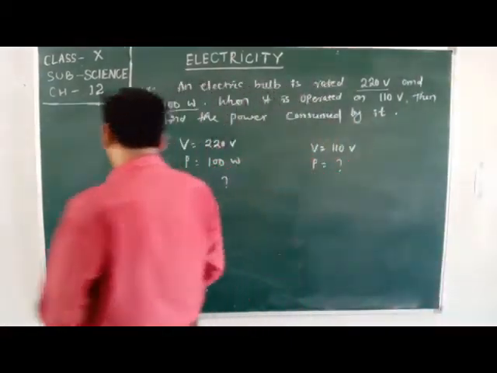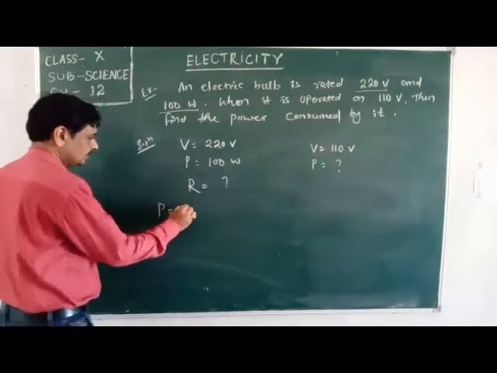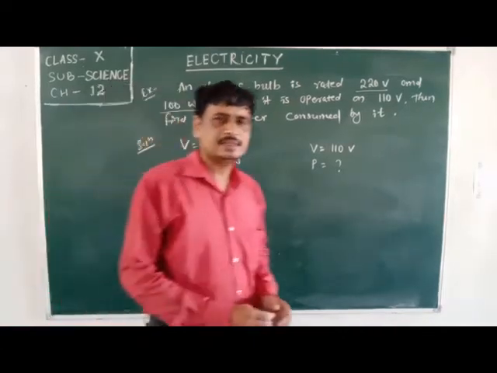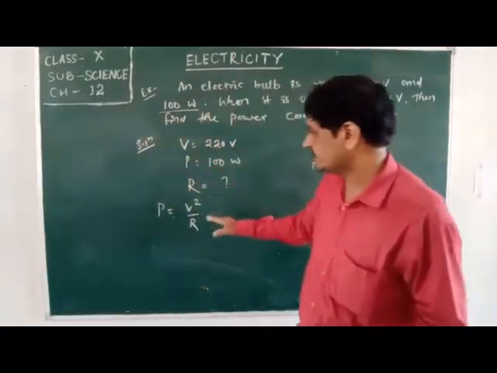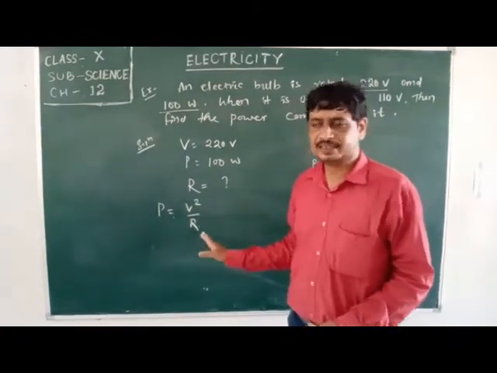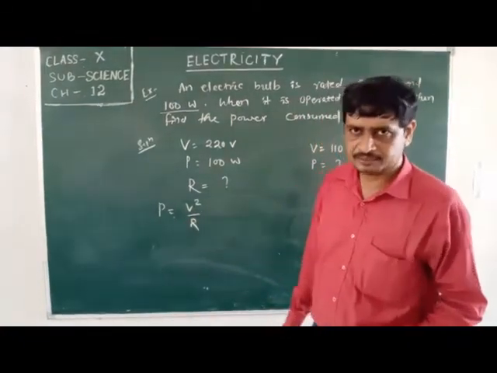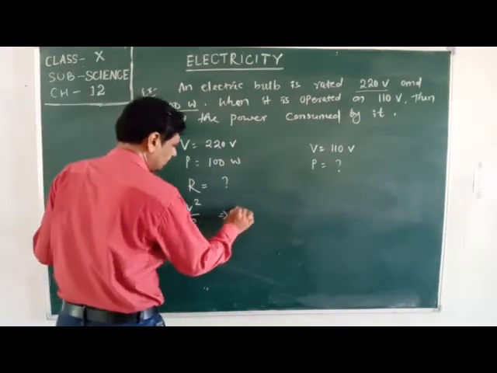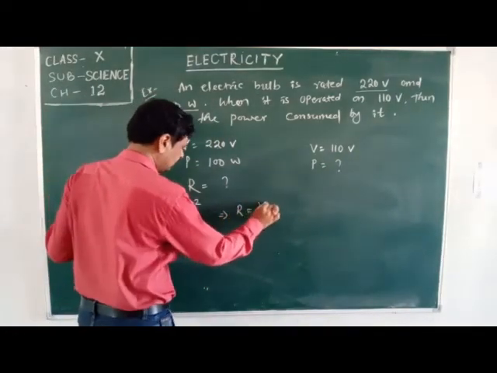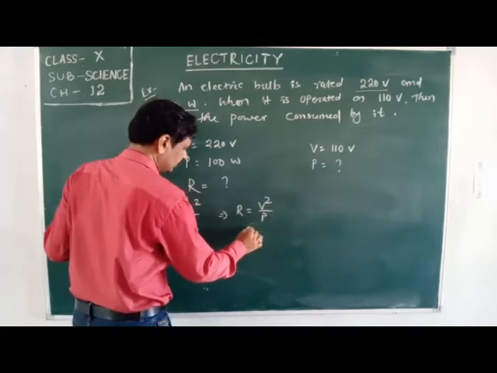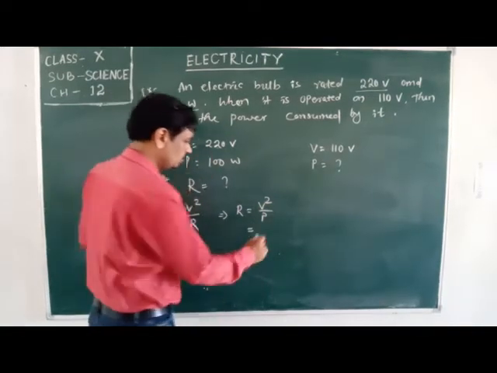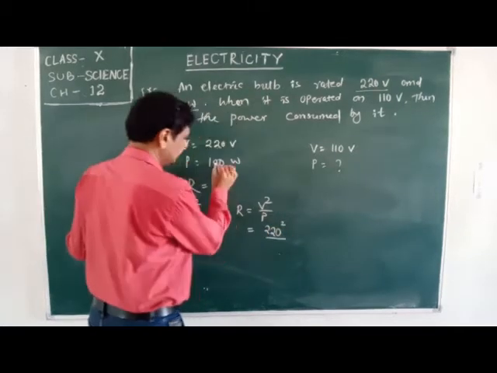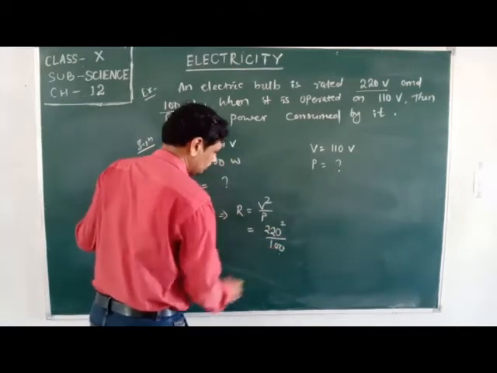Here power is V square by R. Power is the square of potential difference divided by resistance. From this relation, we can find the resistance of the electric bulb. This implies R is equal to V square by P. V square, that is 220 square, by P which is 100.